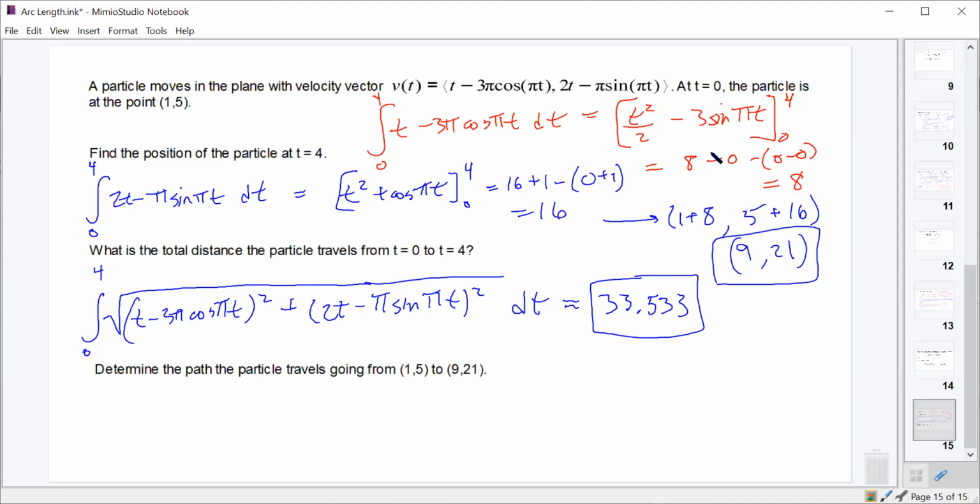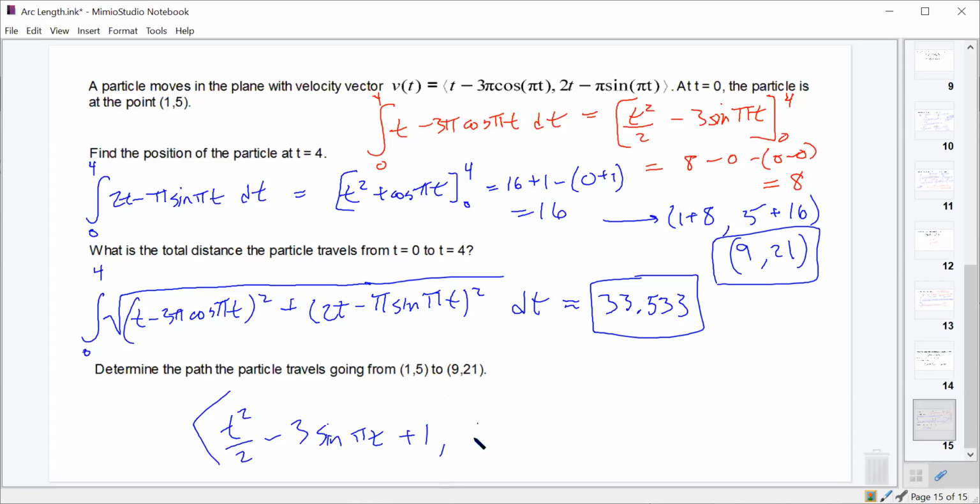And this one would be our x, sine pi t. When t was 0, x was 1. So if I plug in t equals 0 here, I get 0 for that. So I need to add 1 to it to get 1 just by using our initial condition there.